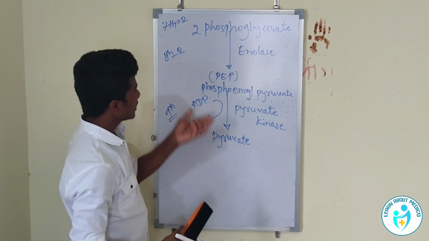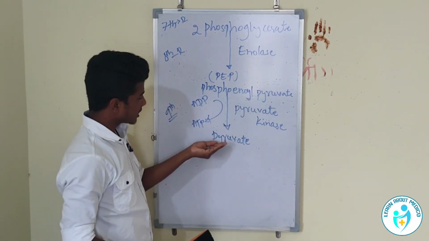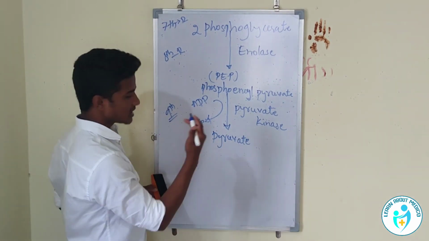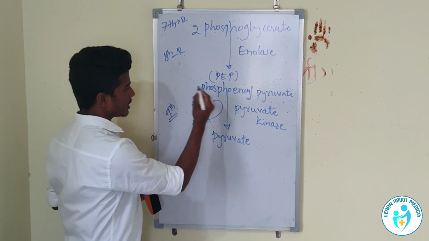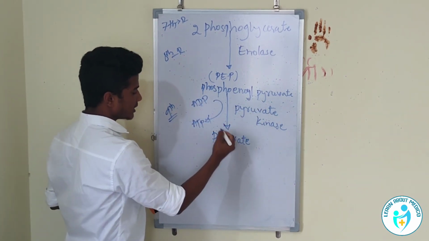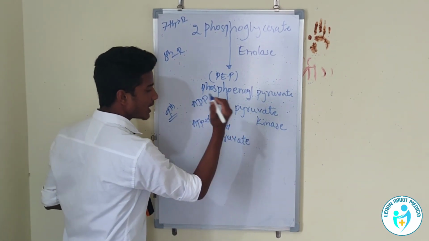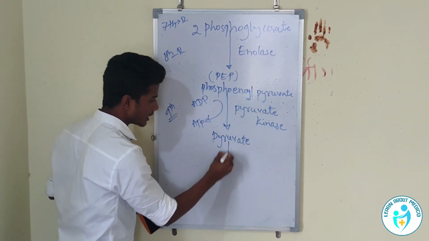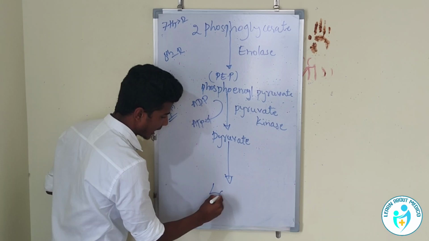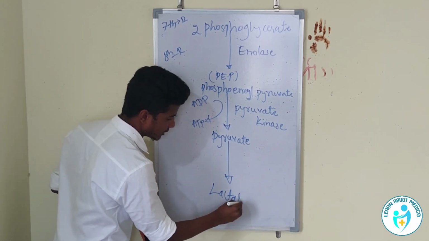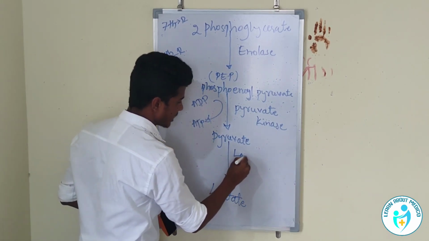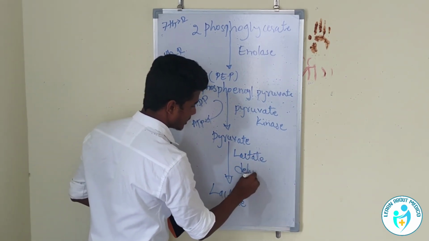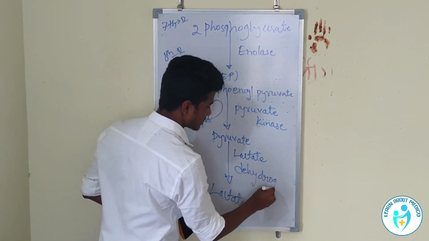During the aerobic condition, phosphoenolpyruvate gets converted into pyruvate. If it is in anaerobic condition, it is converted into lactate with the help of the enzyme lactate dehydrogenase.